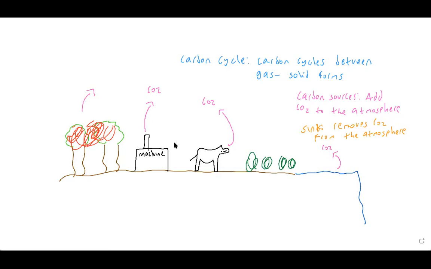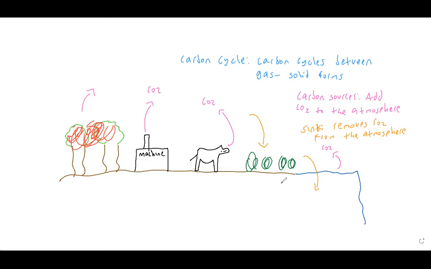But here's the thing. Actually, let me talk about the carbon sinks next. Carbon sinks are anything that takes carbon out of the atmosphere. Plants via photosynthesis, and also bodies of water taking CO2.